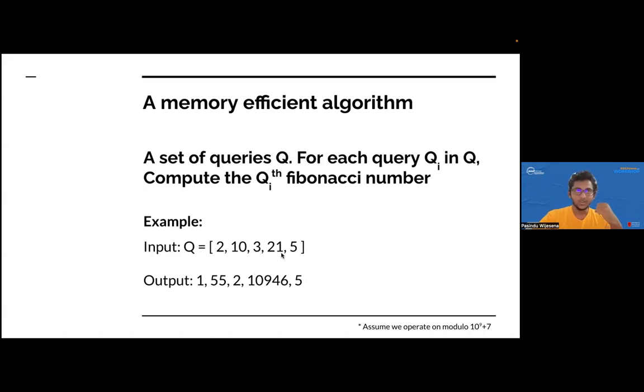Nice. So we are going to save the Fibonacci sequence in an array. And then for each QI, what we have to do is to find the QIth element in that array, or the QI minus 1th element in the case of zero-indexed arrays, and then get the relevant answers. Nice. Do we have any more approaches?